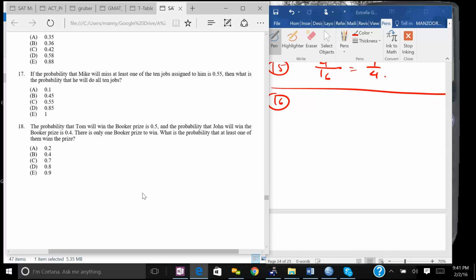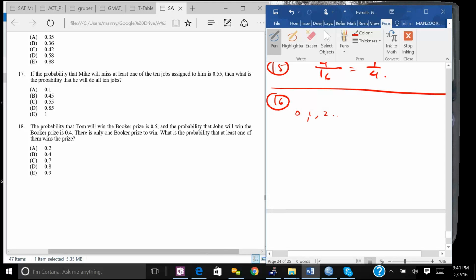Okay. Do you see why clearly? Yes, because it could be 0, 1, 2, all the way to 10.